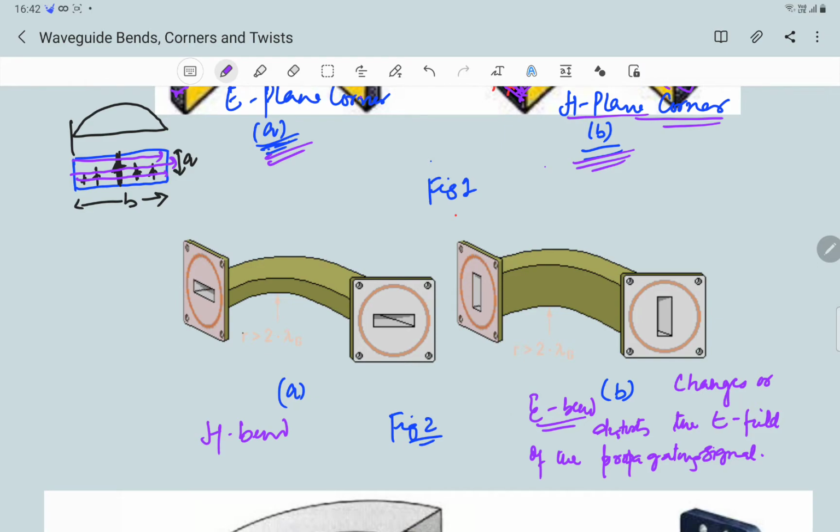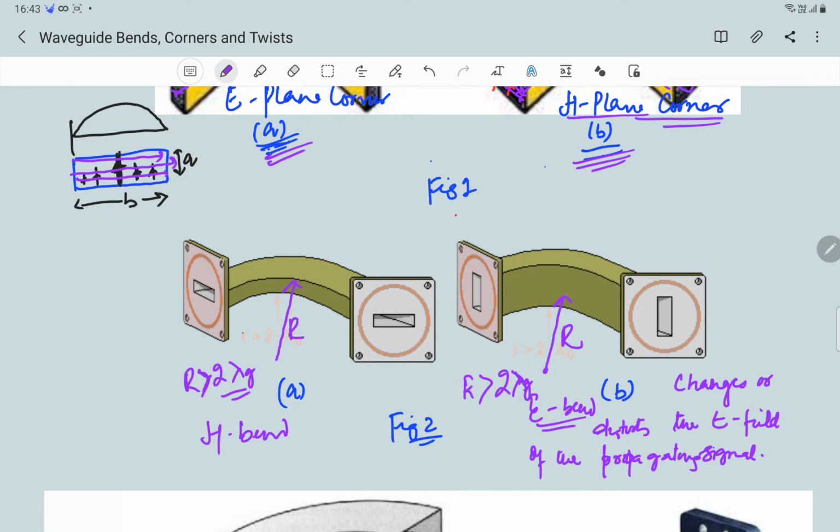In order to minimize the reflections, the radius of this bend, R, should be greater than two wavelengths, where lambda g corresponds to the guided wavelength. Likewise, for an H bend, again the radius of the bend should be greater than two wavelengths, lambda g corresponding to the guided wavelength.